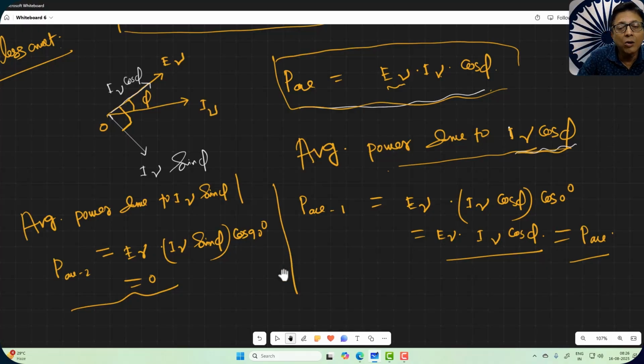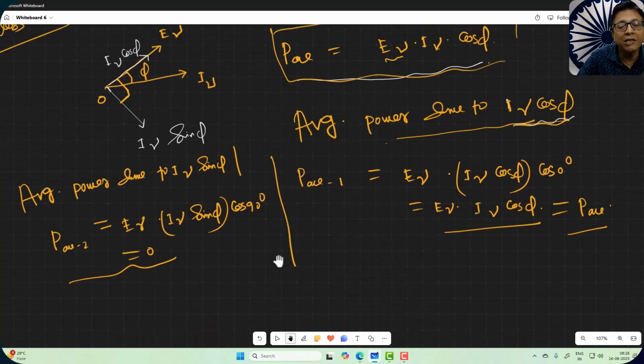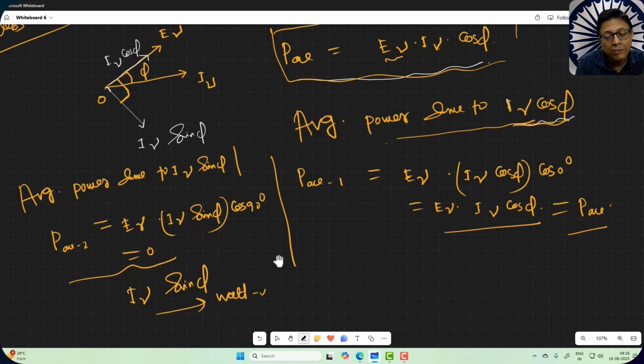That's why the component I nu sin phi is referred to as the wattless component of current.